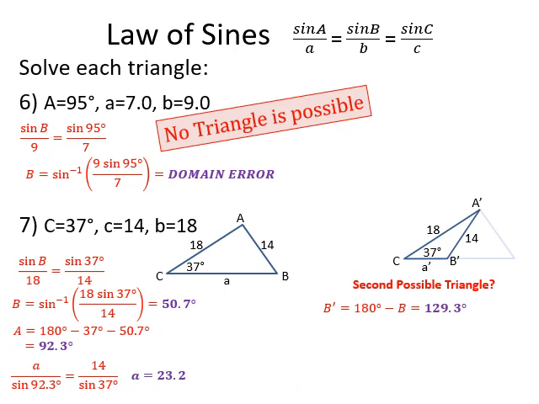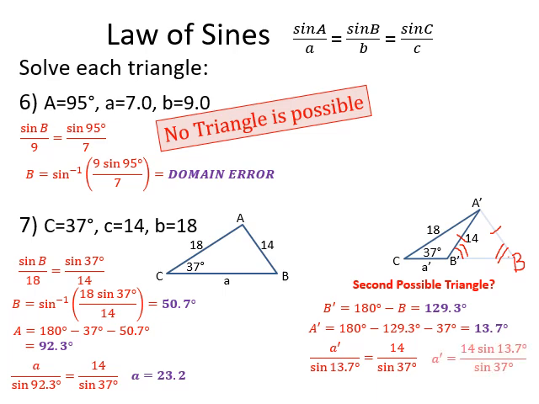Let's draw that again. So remember, this was the original angle B. This is 14, this is 14. So this ghost triangle in here is isosceles. And so these are both angle B's from the original triangle. And so B prime is its supplement. So we can just find B prime by subtracting B from 180. And then, of course, we can find A because all three angles have to sum to 180. And then find A prime by using law of sines.